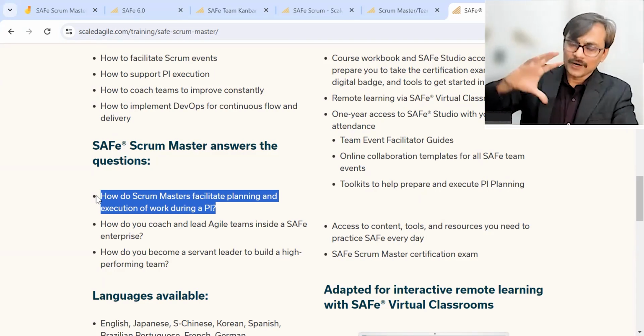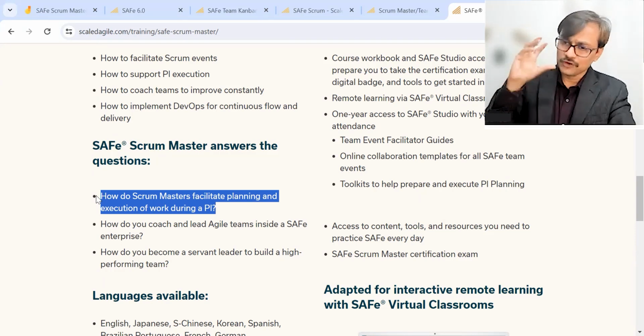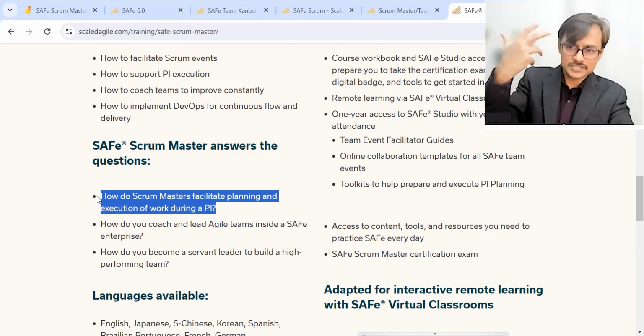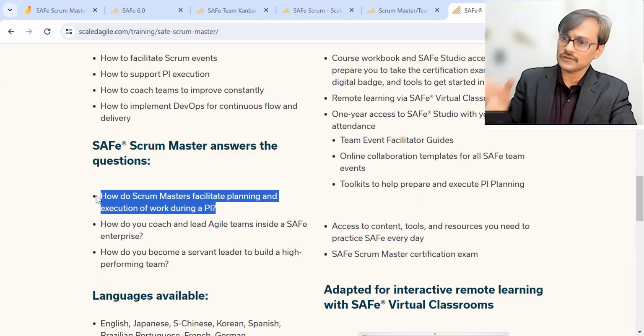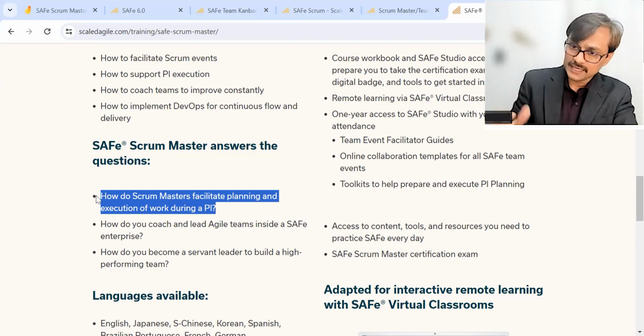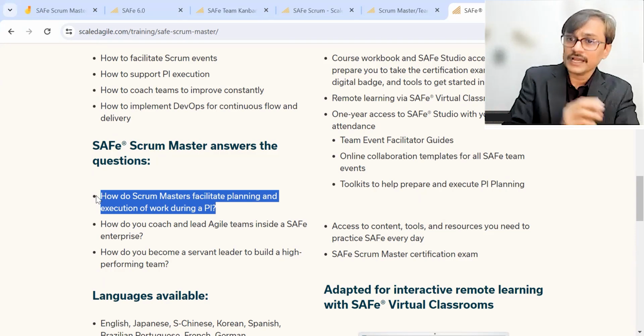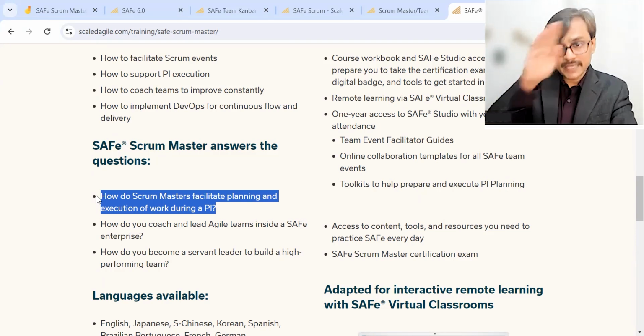So you come to know about the preparation for the ART backlog, and about readiness for the PI planning meeting, and how the Scrum Master prepares and supports it. Then we get into ART-level work. We learn about team events and how we run iterations, in detail. We learn what a user story is, how to estimate them, and another type of work item we call an enabler story. How do you prioritize the ART backlog?